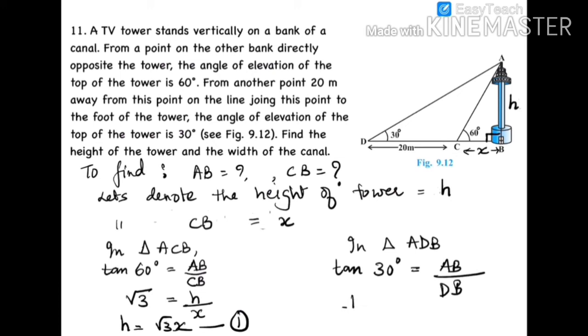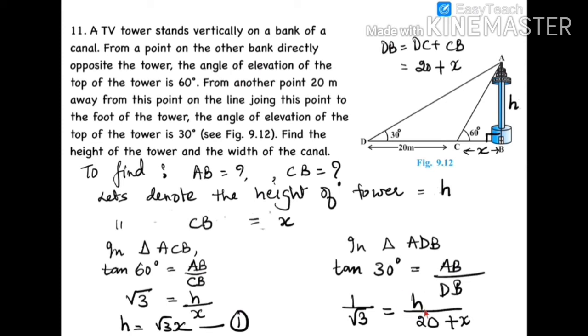Substituting the value of tan 30, we get 1 upon root 3 equal to h upon DB. In the figure, DB is DC plus CB, and DC is 20 meters and CB is x. So here in place of DB we will substitute 20 plus x.